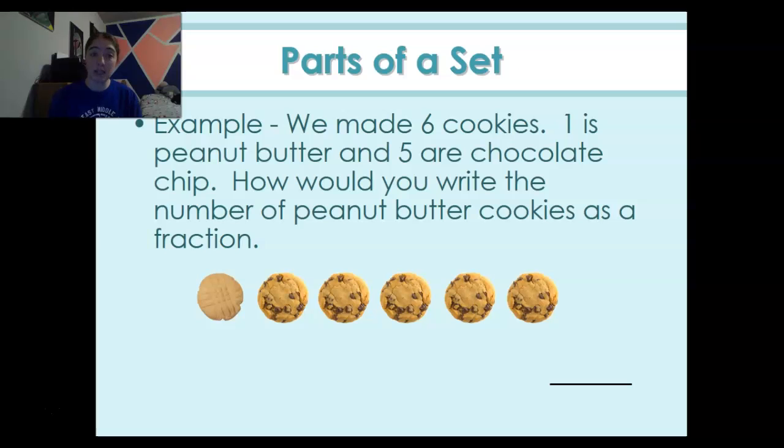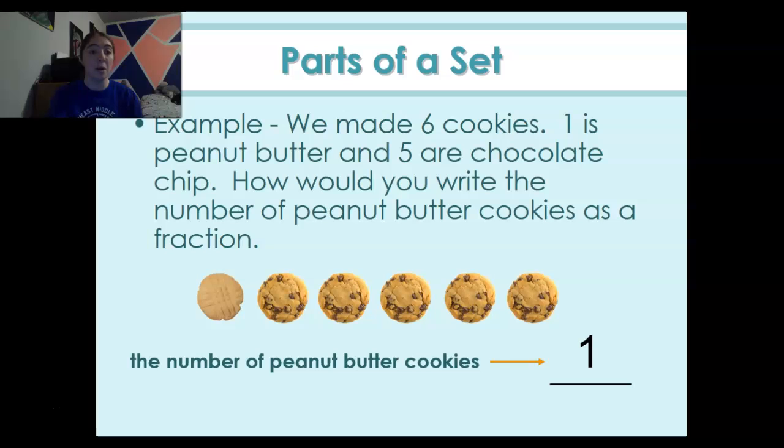So the first thing we need to do is the bottom of our fraction, the denominator, is the whole of what we made. So we made 6 cookies, so the denominator would be 6. And we're trying to figure out how many peanut butter cookies we made. Well, we made 1, so that would go on top. And then the total number of cookies would be the 6.